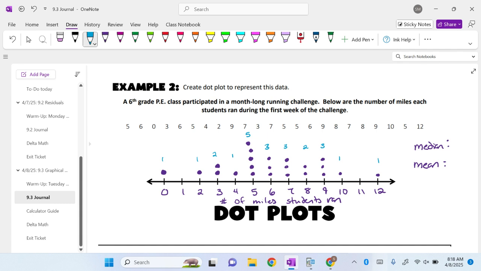So make your dot plot, find the median, and find the mean.